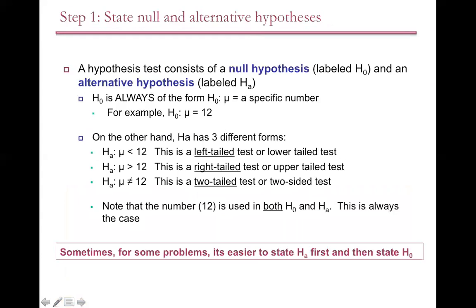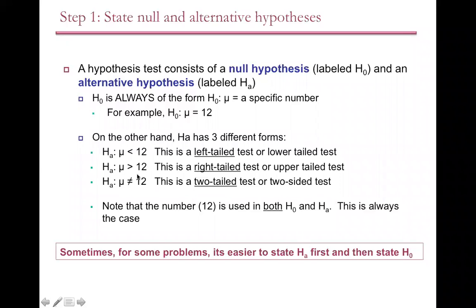I'll show you some other examples. We changed from 227 to 12, but they're just numbers, okay? So here we're thinking that the null is 12. I don't think it matters where the 12 comes from. But there are 3 alternatives, and only 3. We might think the population mean is less than 12, so HA: mu is less than 12; or HA: mu is greater than 12; or HA: mu is not 12.